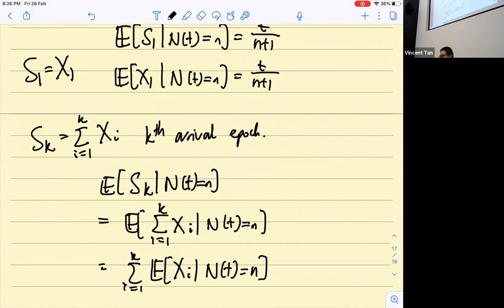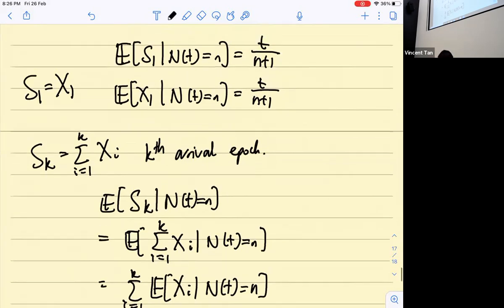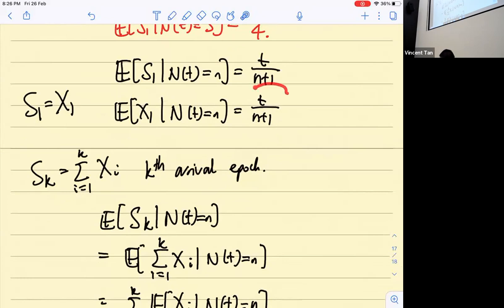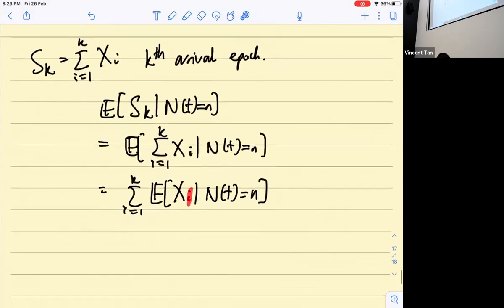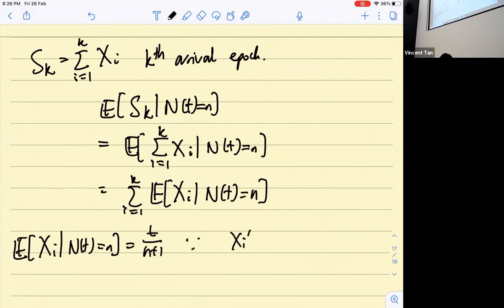Now, what is expected value of X1 given NT equals to N? Well, that's T over N plus 1 here. So we know the first term here, if i is equal to 1, we know this. What about X2? So in general, Xi given NT equals to N is equal to T over N plus 1. Because the Xi's given NT equals to N are symmetric.